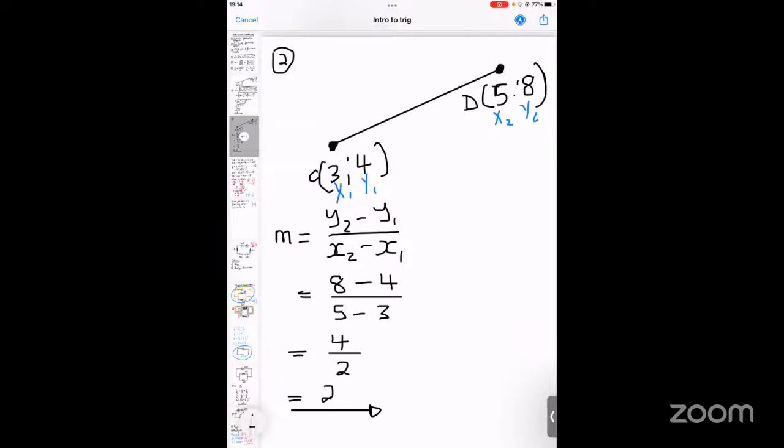This is therefore the end of it. That means the gradient for that line, like the slope for that line, is 2.